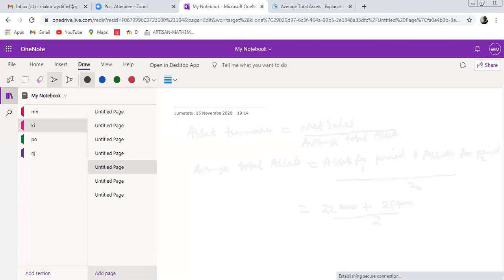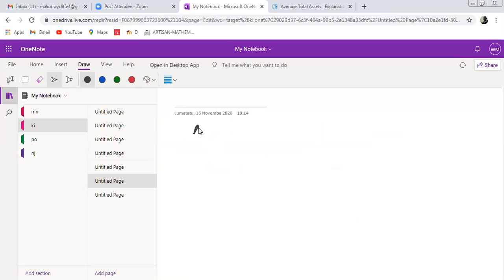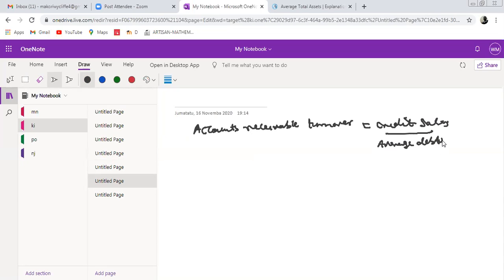We go to the accounts receivable turnover. The accounts receivable turnover is normally given by the credit sales over the average debtors.